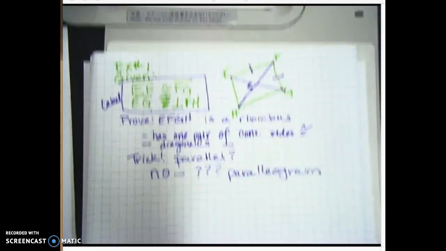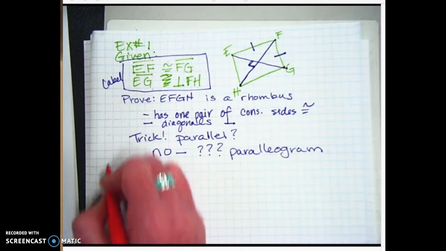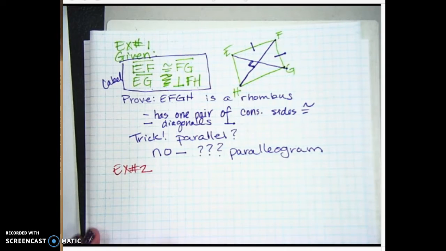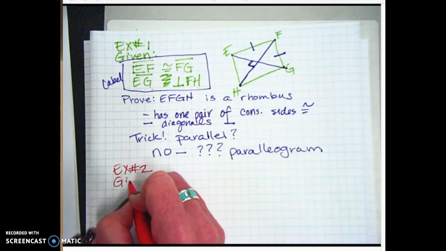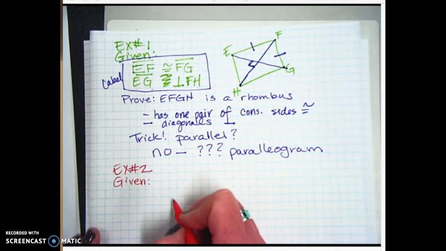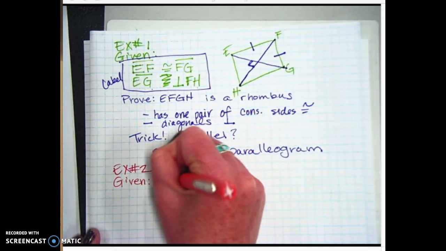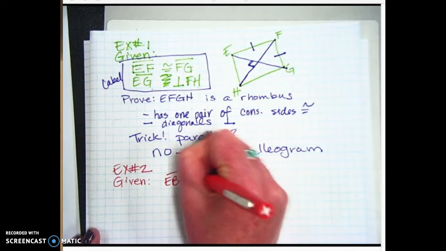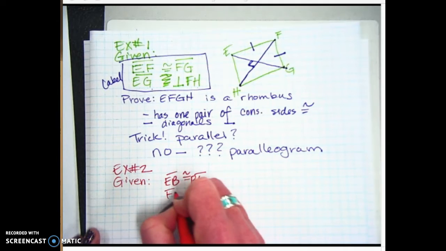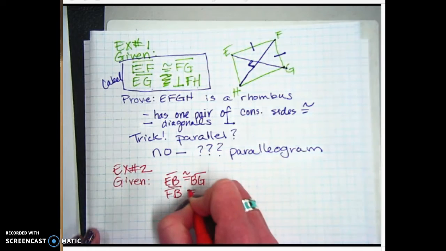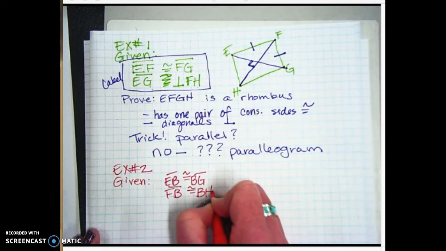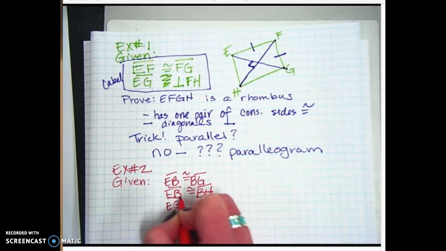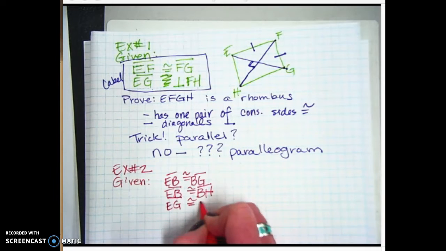All right, let's try another one that's not so tricky. Example number 2 is going to be a little more straightforward. So here's our given information. Given is that EB is congruent to BG. FB is congruent to BH. EG is congruent to FH.